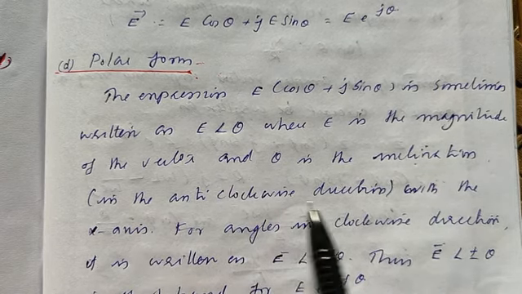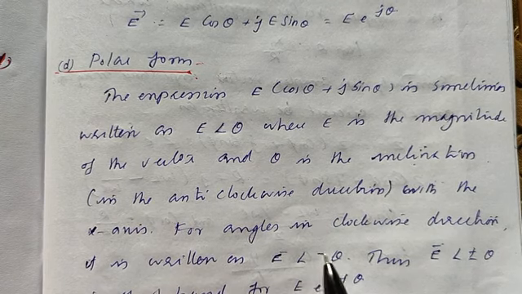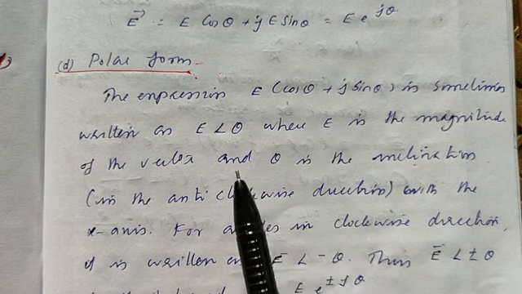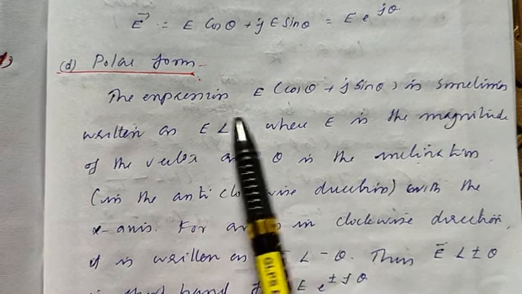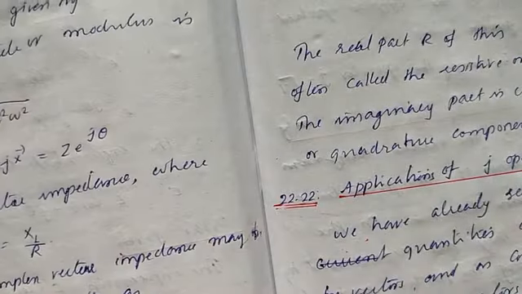For angles in the clockwise direction, it is written as E inclined with minus theta. So E angled plus or minus theta is shorthand for E into e to the power plus or minus j theta. So this is just another form of representation, and here we are representing this operator as the inclination with the phase angle. That's all.